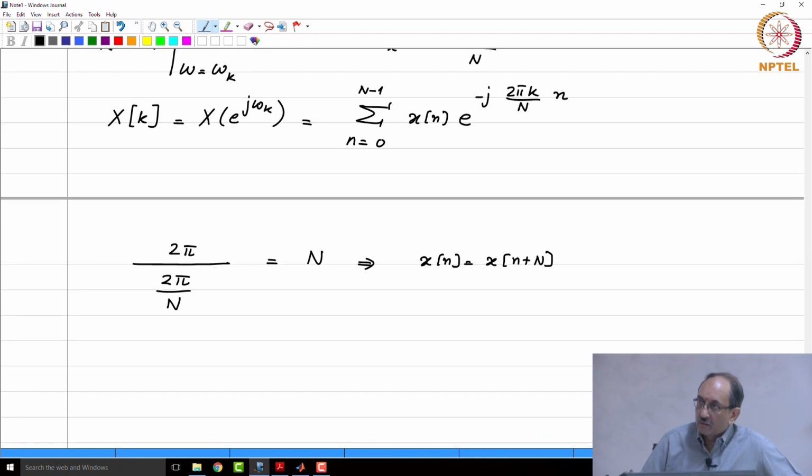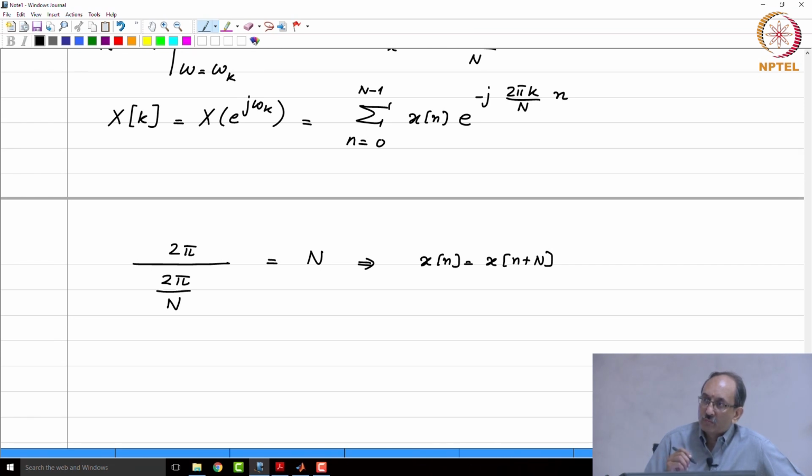Again, the ideas that we learned from sampling in the time domain are applicable here. There you needed the signal to be band limited, so that when you sample, the repetitions did not overlap, if you did not want to cause aliasing.